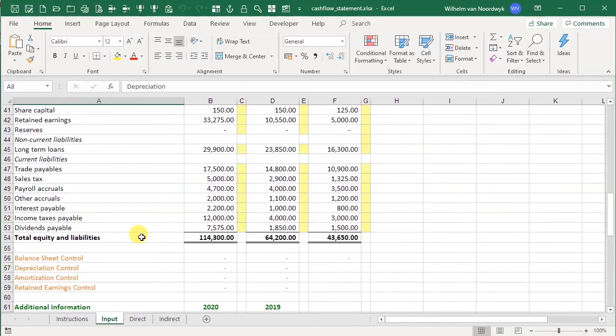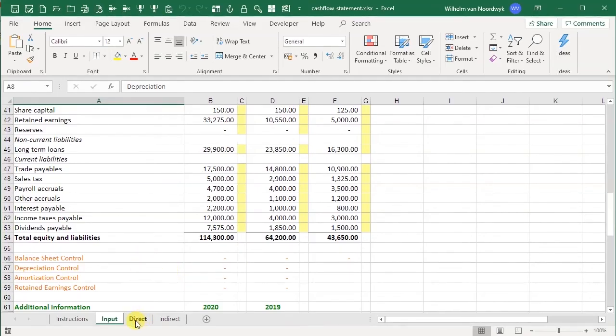The last control total is for retained earnings, to check whether the income statement retained earnings and the movement in the balance sheet retained earnings is consistent. Again, if it's not, your cash flow statement won't balance. So it's important that all of these control totals need to be 0.